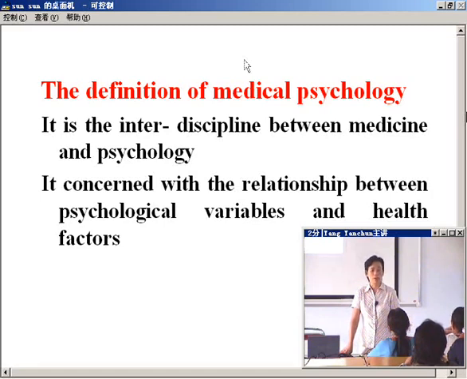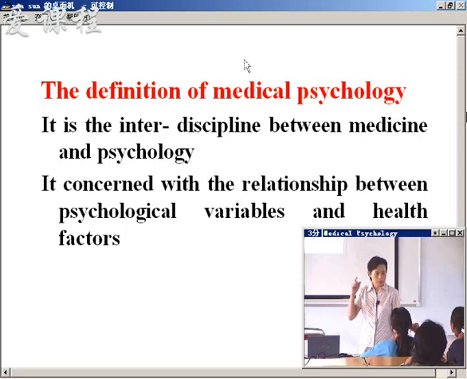So each patient is not only a biological being, but integrated, involving biology, psychology, culture and society. So psychological variables could be personality, stress, emotional problem, relationship with others, maybe this person's idea about health, disease, and his social environment.